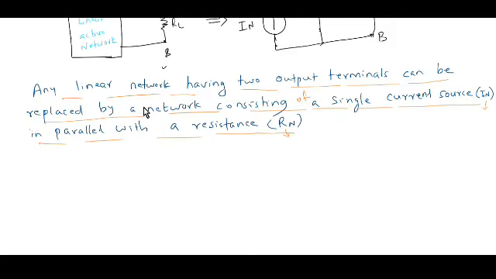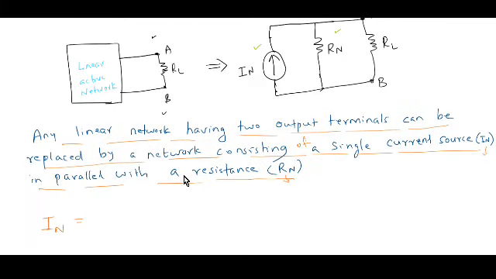IN means, if you look at this picture, we remove the load resistance RL, then the terminals A and B will be short circuited. The current flowing through these short circuited output terminals is the Norton current IN.